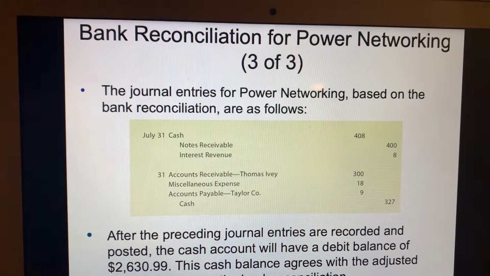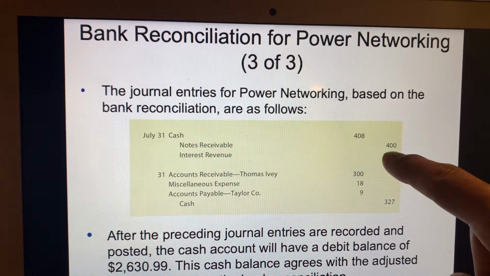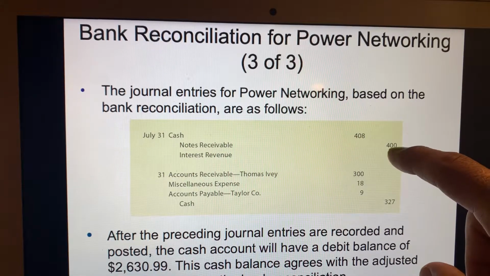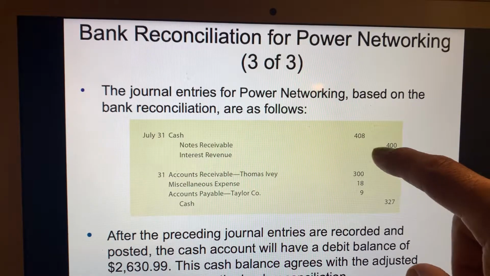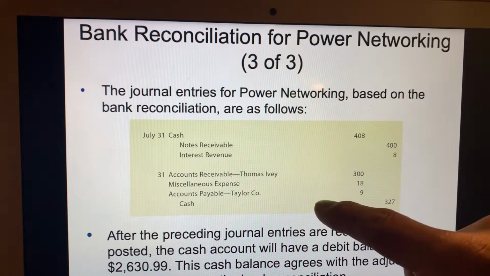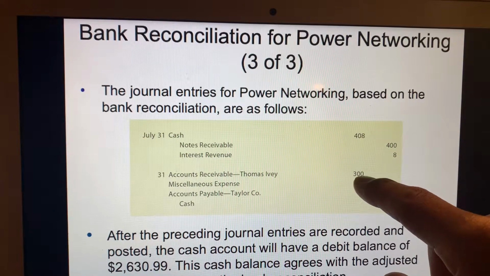So whenever we record those adjustments on July 31, cash of $408, because then we have to put the cash into our ledger, and that will be notes receivable and interest revenue. So we're putting those in as revenue, which goes to the income statement. This cash will go to the balance sheet. Also, we have to reverse that Thomas Ivy payment.